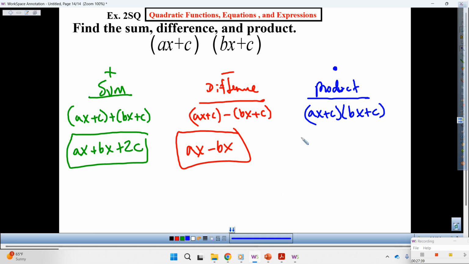All right, Sammy, walk us through the steps. AX times BX is ABX squared. AX times C is AXC, but I'm going to write it in alphabetical order, ACX.